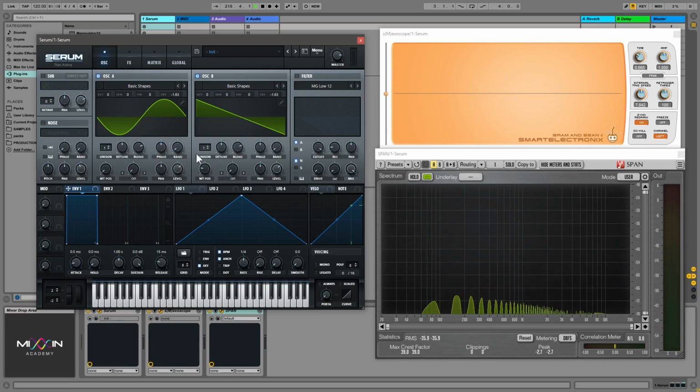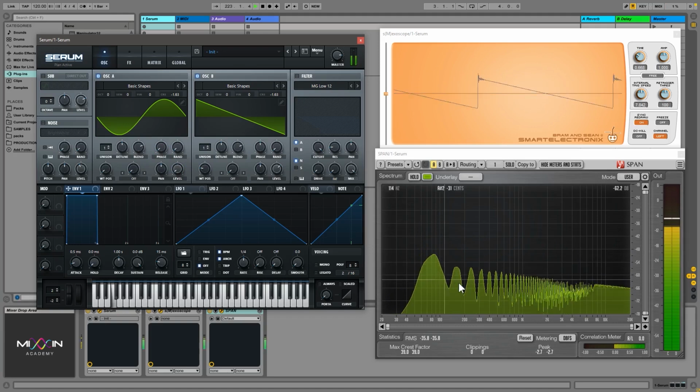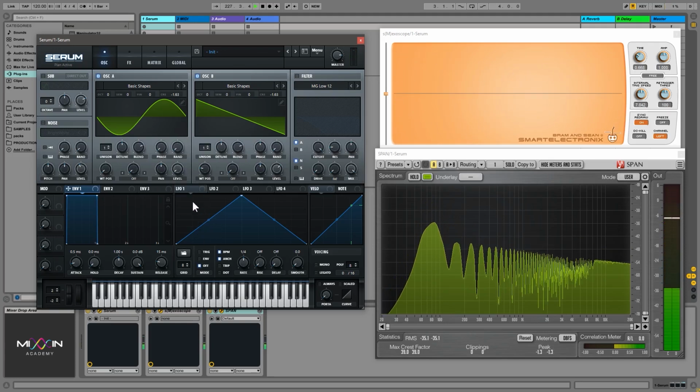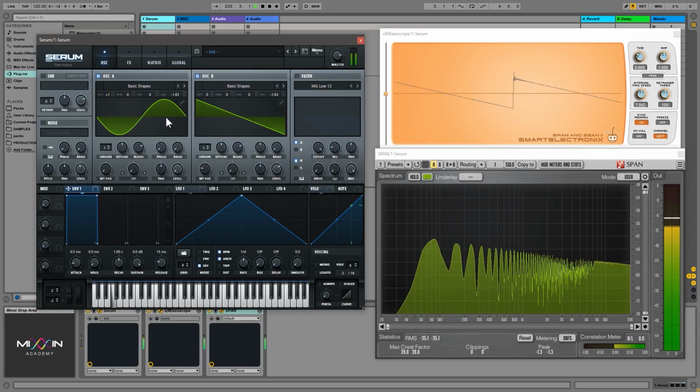So, aside from having the amplitude matter, let's say I just lower the amplitude of this sine wave. Aside from that amplitude and the phase setting, I can also change the frequency of a certain oscillator compared to the other, like this.